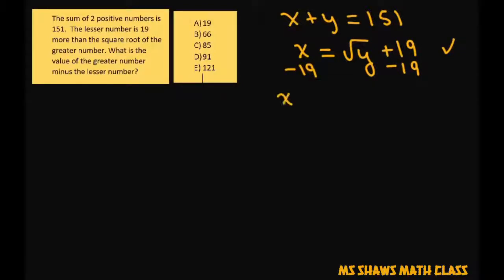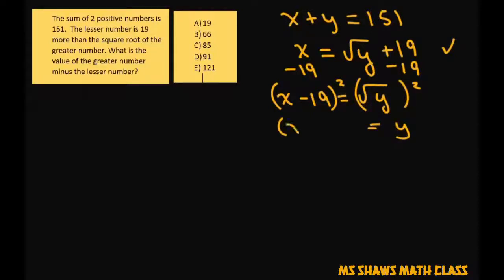So you get x minus 19 equals the square root of y, and we'll square both sides to solve for y. So you get y equals x minus 19 squared. And I'm going to substitute it back into this equation.